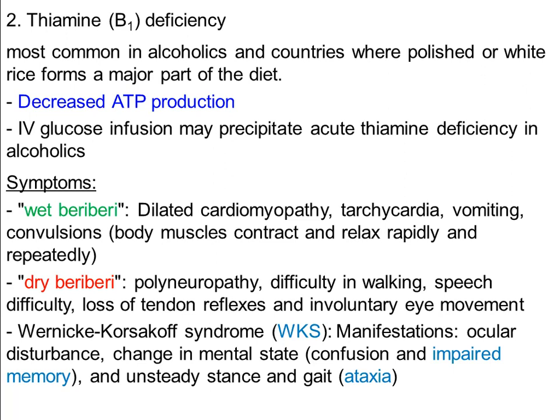When symptoms are manifested in the cardiovascular system, such as vasodilation and tachycardia, it is called wet beriberi. When symptoms are manifested in the nervous system, such as difficulty in walking, speech, loss of tendon reflexes, and involuntary eye movement, it is called dry beriberi.